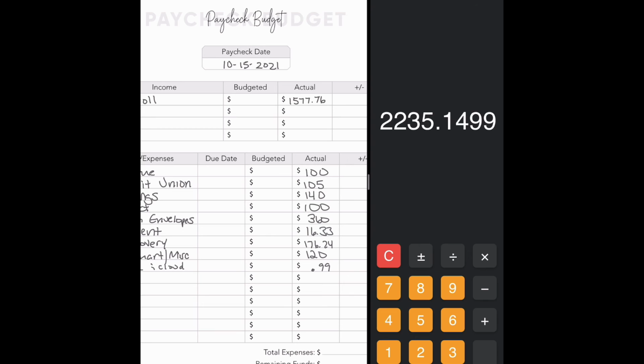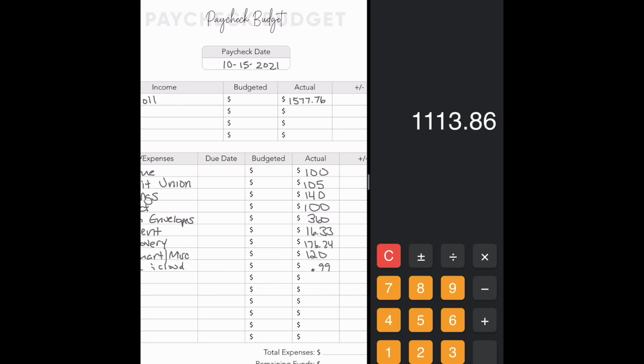Now I know that's not right. So it's, let's see, 0.99 plus 100 plus 105 plus 140 plus 100 plus 360 plus 1163 plus 176.24 plus 120, and that's it.